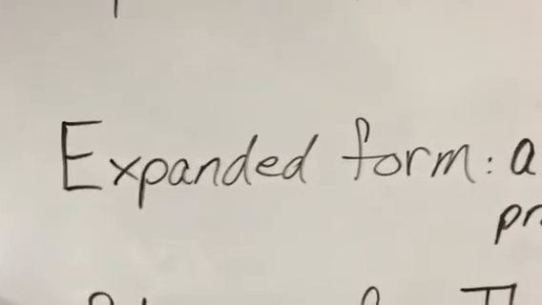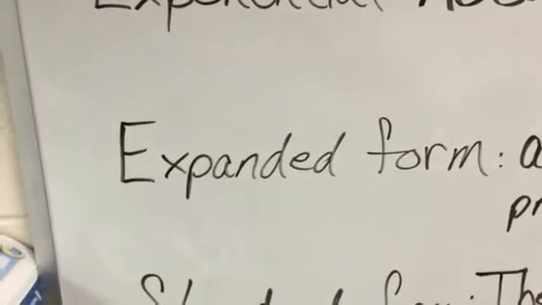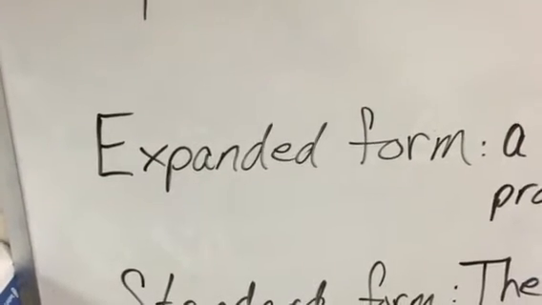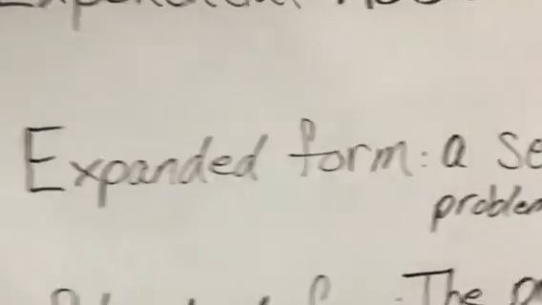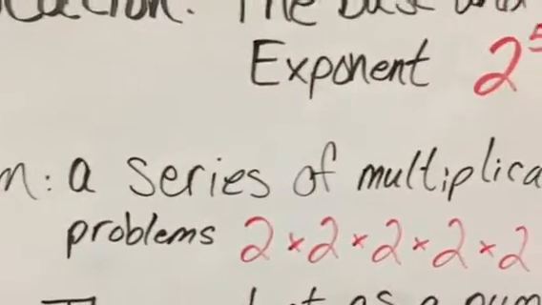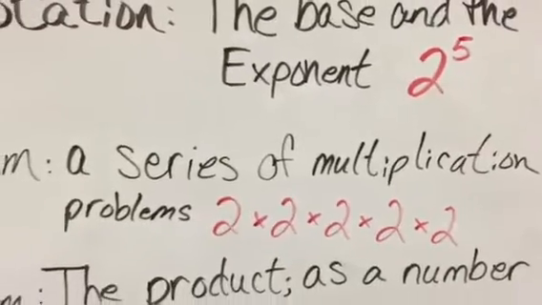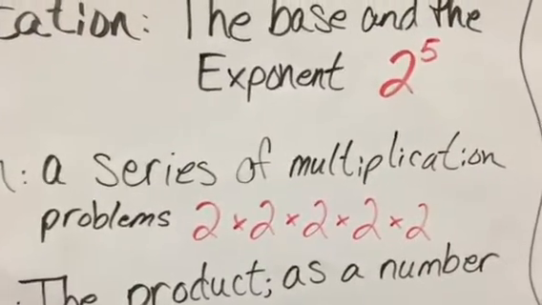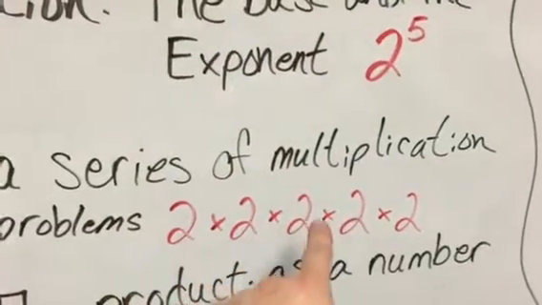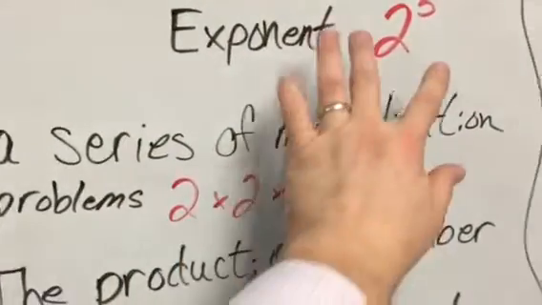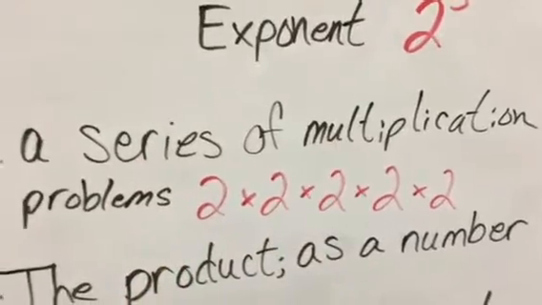The next one is expanded form. You've seen expanded form when we talked about other things, just as numbers, writing them out. But now it's a series of multiplication problems. So in expanded form, this 2 to the 5th that we have right here is going to be 2 times 2 times 2 times 2 times 2. It's like you took this little thing and you expanded it out.